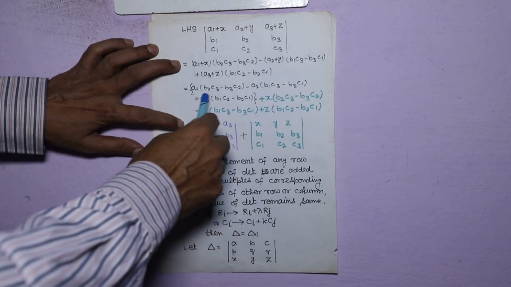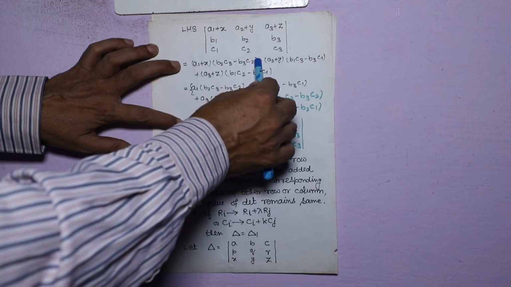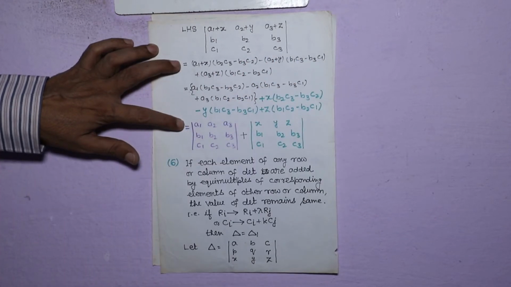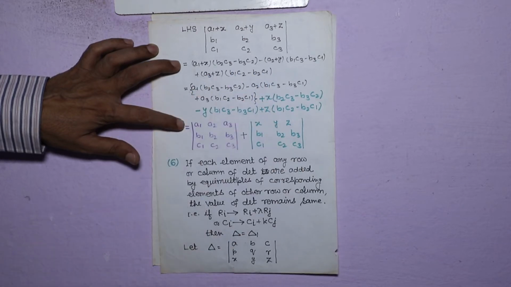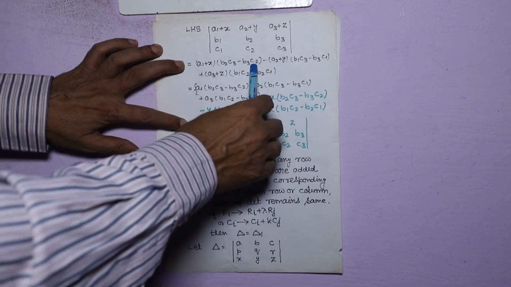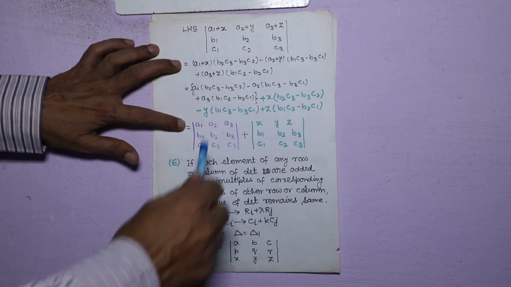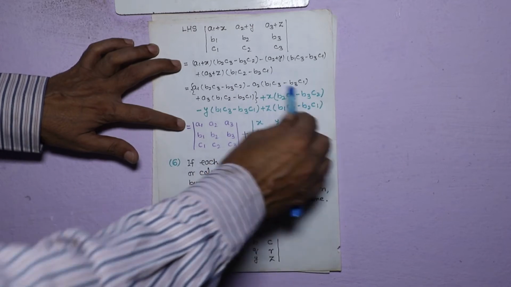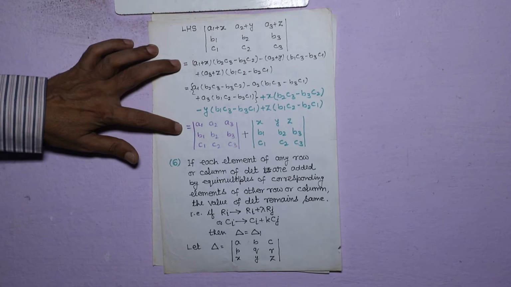Expanding it, we get a1 into (b2 c3 minus b3 c2) minus a2 into (b1 c3 minus b3 c1) plus a3 into (b1 c2 minus b2 c1), plus second bracket x into (b2 c3 minus b3 c2) minus y into (b1 c3 minus b3 c1) plus z into (b1 c2 minus b2 c1). This way both the determinants can be written separately.